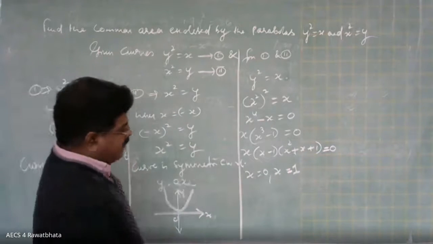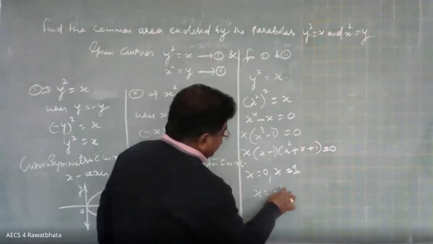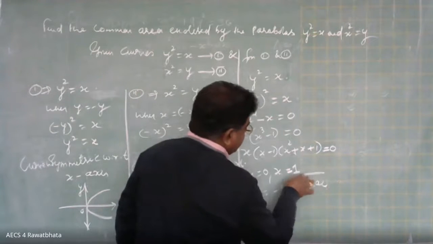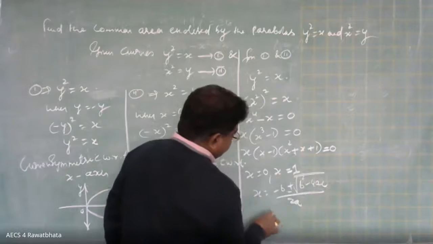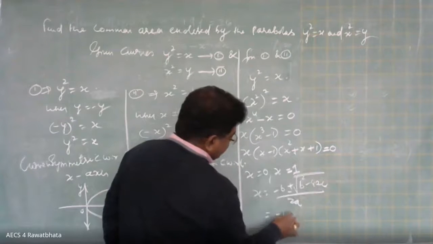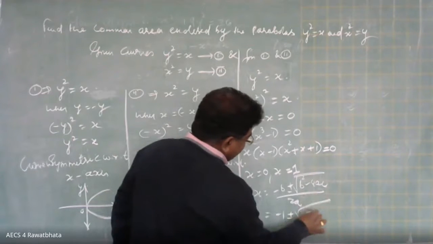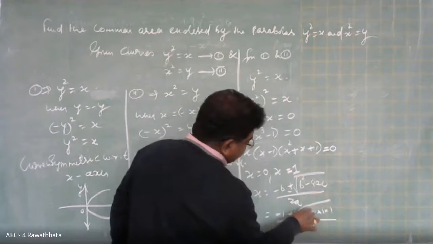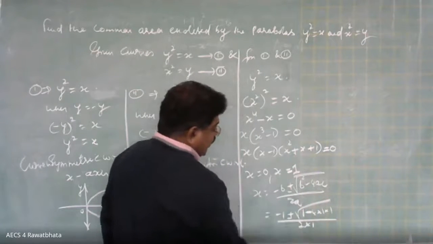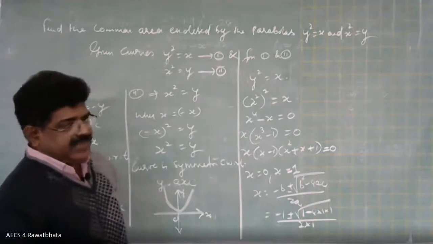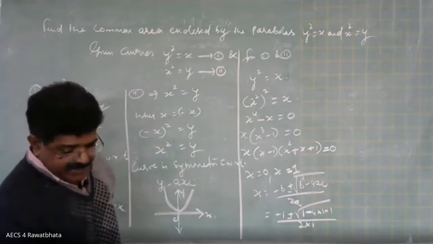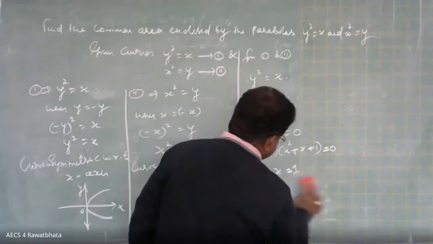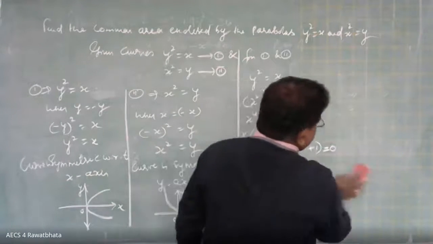While solving, x is equal to minus b plus or minus root of b squared minus 4ac, the whole upon 2a: minus 1 plus or minus root of 1 minus 4 into a into c upon 2 into 1. So 1 minus 4 is minus 3. Root of minus 3 is imaginary, so we will forget it. Only these 2 points are enough, and we know the graph.